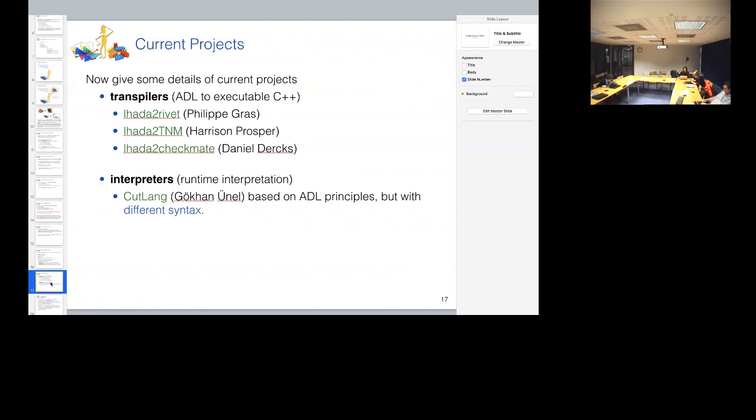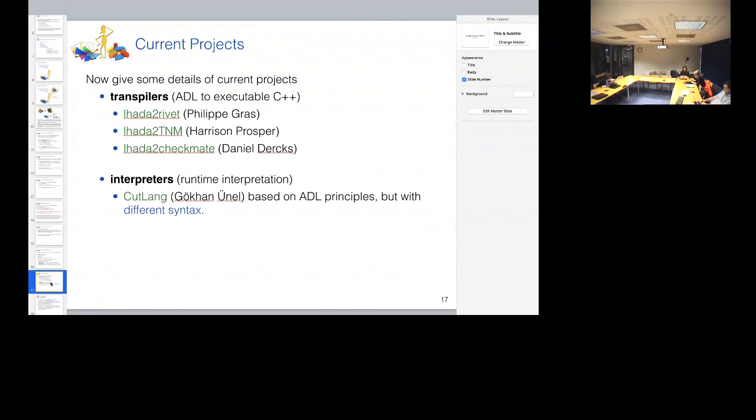So what are the current projects? Well, there are two sort of approaches. As I mentioned, there are the so-called transpilers. You take the ADL and you spit out some C++, which is then compiled into some framework. And there's one for Rivet, something called TNM, and Checkmate.